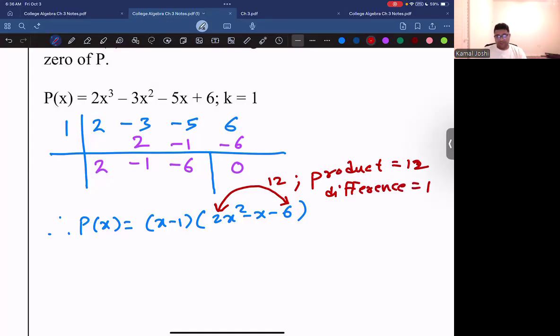Why do I look for the difference? Because the last term is negative, -6. Whenever the constant number is negative, you have to look for the difference, equal to the middle coefficient. The coefficient of x is -1, so the difference has to be 1. Think of numbers: product is 12, difference is 1.